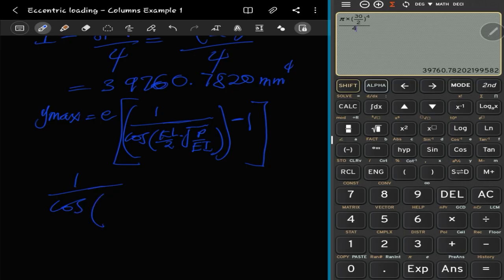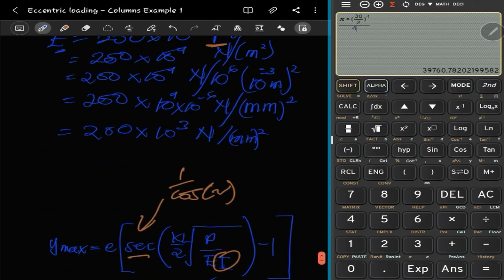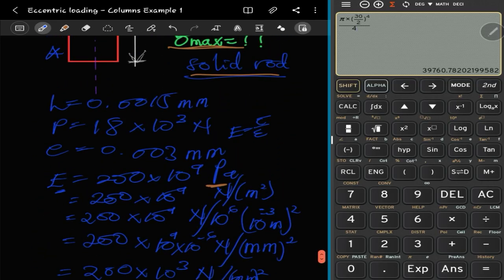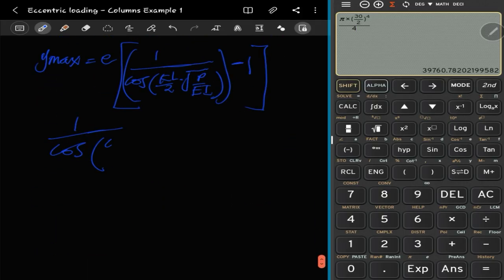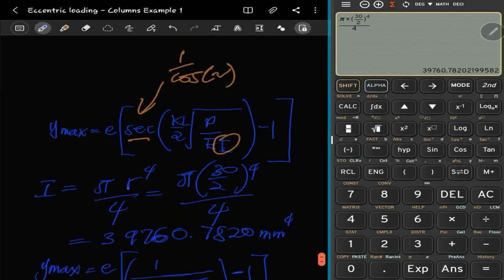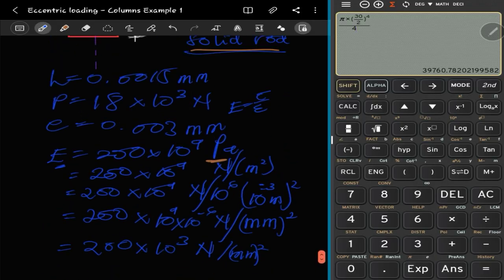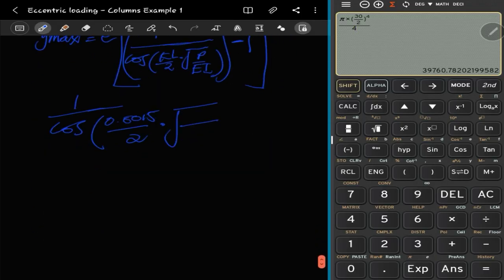Because the end condition was specified, we consider the KL to just be the length, right? So the length is 0.0015 on 2 times the square root of P. I have the P to be 18 times 10 to the power 3.